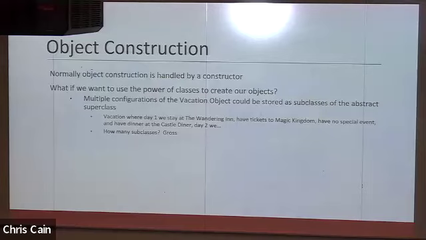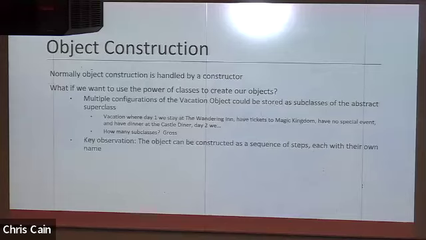I use cross there as the cross product for those of you who haven't seen it before. It's just, you just end up multiplying the number of subclasses. If there are 5 places you could stay, 5 places you could have tickets to, and 5 places you could have dinner, that's 5 times 5 times 5 different subclasses that you would need to make with each of those options. That's way too many. It's disgusting.